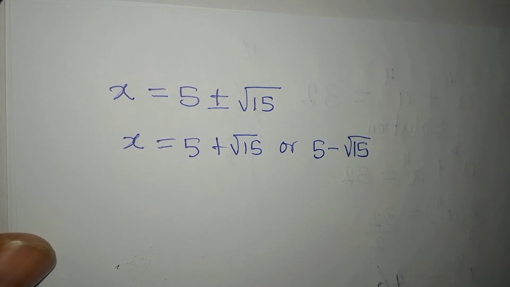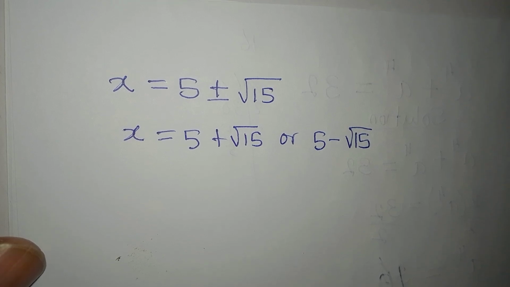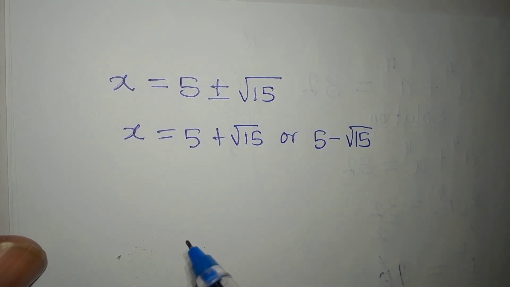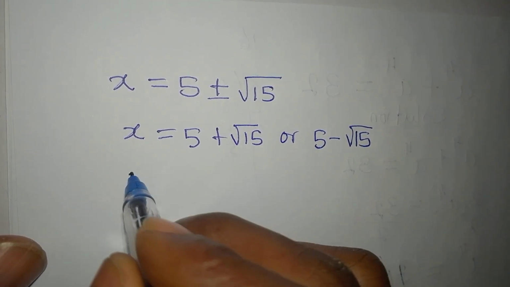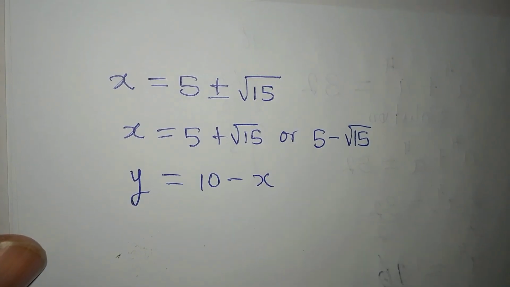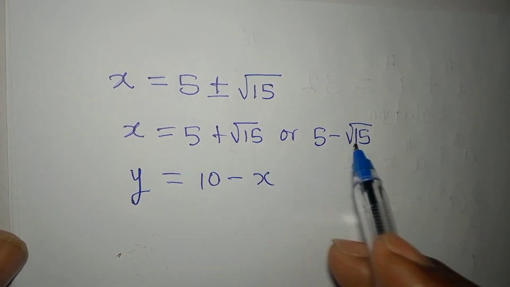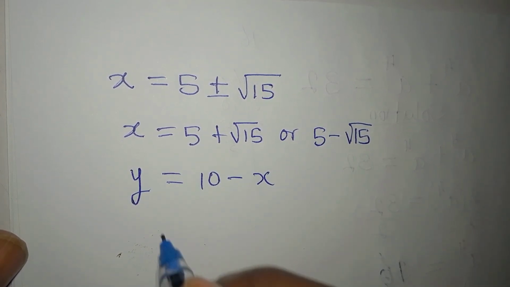But then remember that this is a quadratic simultaneous equation, and we have to get the value of x and y. This is the point where we go back to equation 3, where we got y equals 10 minus x, if we can recall. But now that we have our x, we'll get the corresponding value of y.